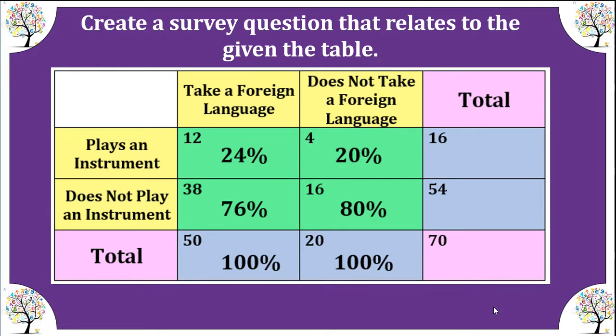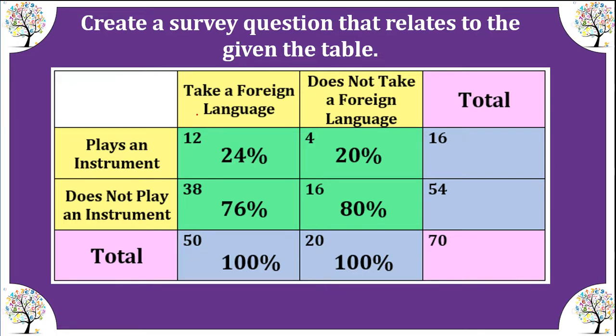So in this, if we were to use the conditional relative frequency by column, which is what this is, the question would be, is there an association between those who take a foreign language? Do they play an instrument or not?